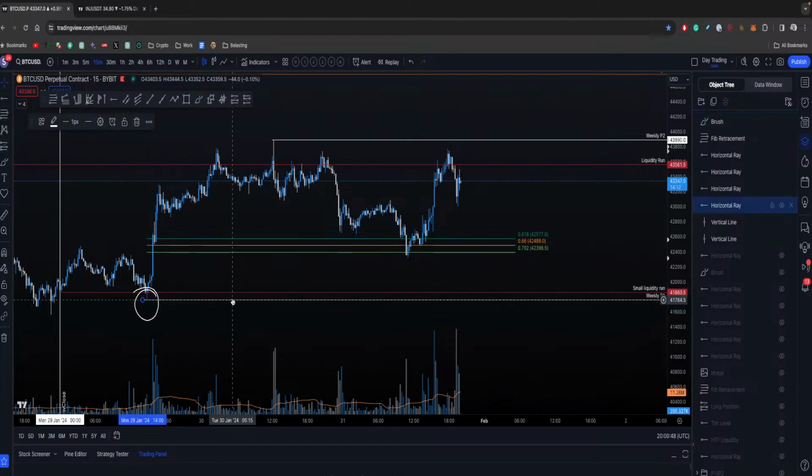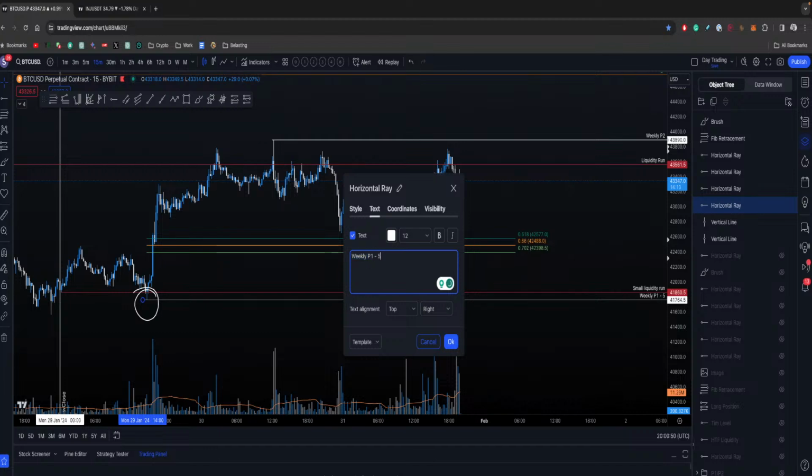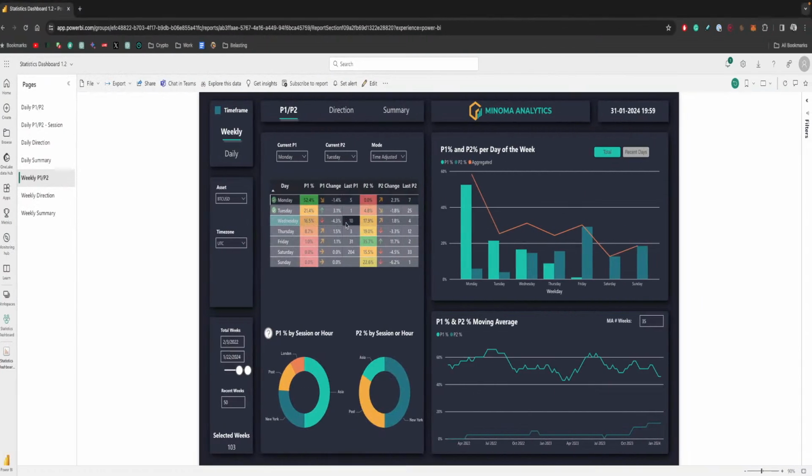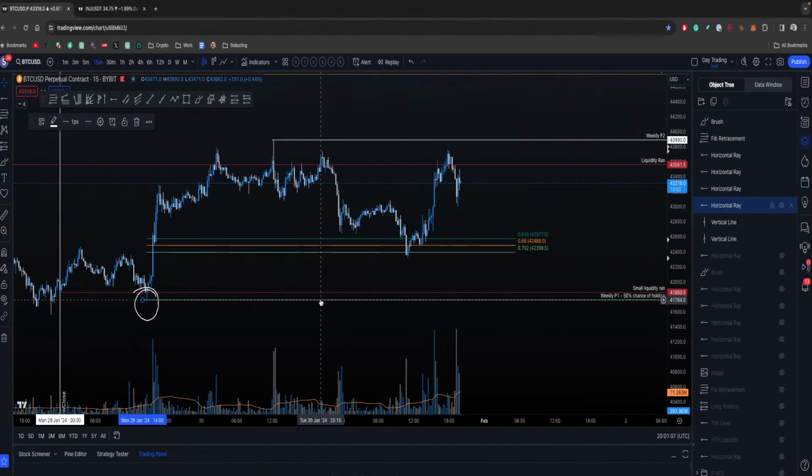play, so let's hold that 55%. Well, let's cut out 50% probability chance of holding. 52.4.